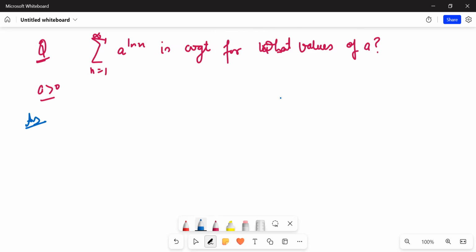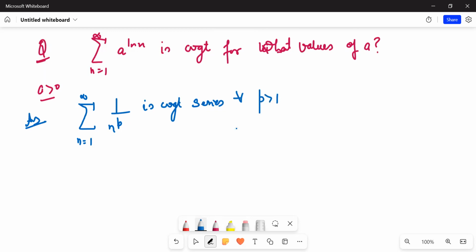See how to do this question. As you remember, I've told you, just keep a few things in mind. I have already taught you that summation n equals 1 to infinity 1 upon n to the power p is a convergent series for all p greater than 1.